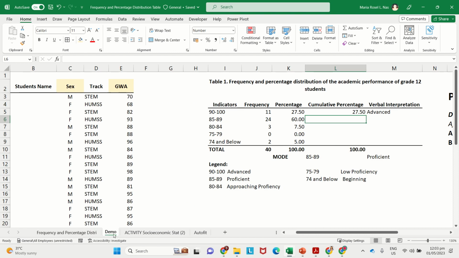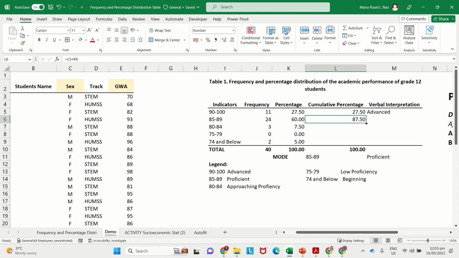So to do that, we need to go to our demo sheet and then equal sign. So this one, the percentage above plus the next percentage will give us the second cumulative percentage.